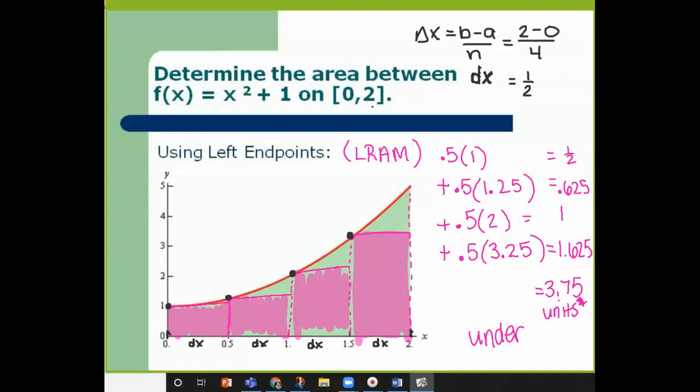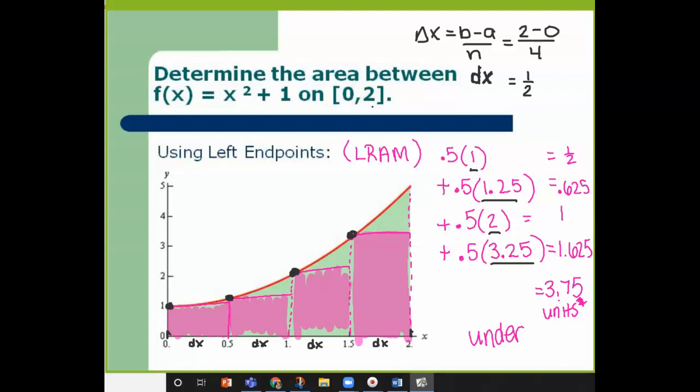And then the second values, the 1, the 1.5, the 2, and the 3.5, those are all coming from the height of the rectangle on the left side of the rectangle, so where I have those black dots. So it's the height of the rectangle on the left side, and the value is coming from our f of x curve.